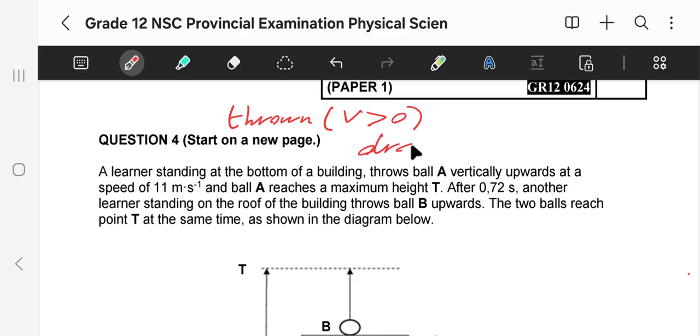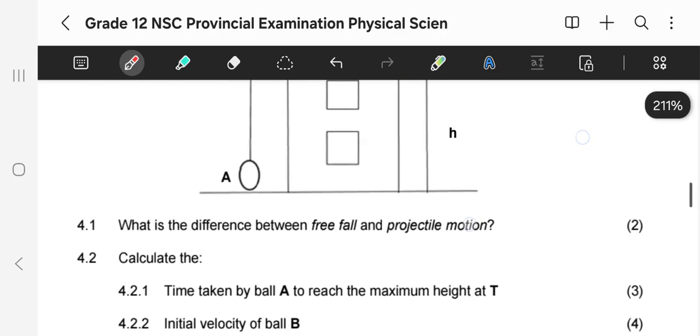But if an object is dropped, then the initial velocity has to be equal to 0. And here we can see that our balls are both thrown, so they both should have initial velocities that are greater than 0. Now let's go to our questions.